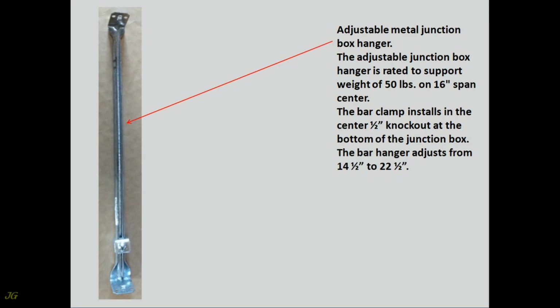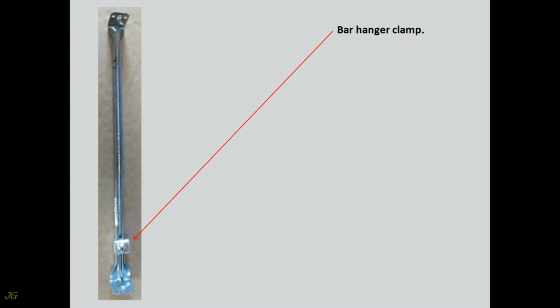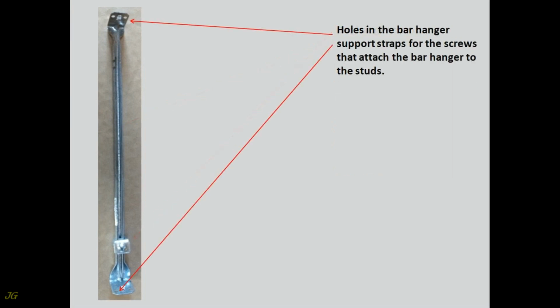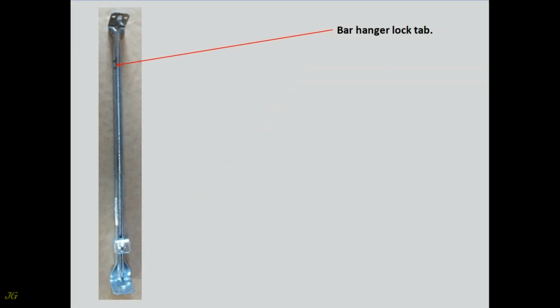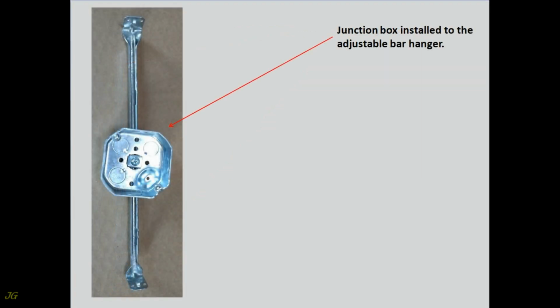The bar hanger adjusts from 14.5 inches to 22.5 inches. Bar hanger clamp. Holes in the bar hanger support straps for the screws that attach the bar hanger to the studs. Bar hanger lock tab. Junction box installed to the adjustable bar hanger.